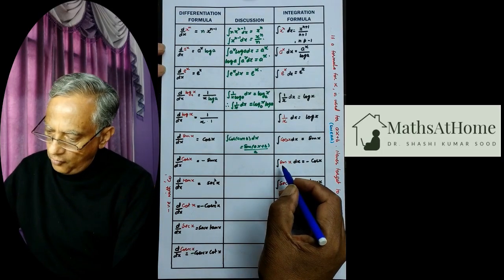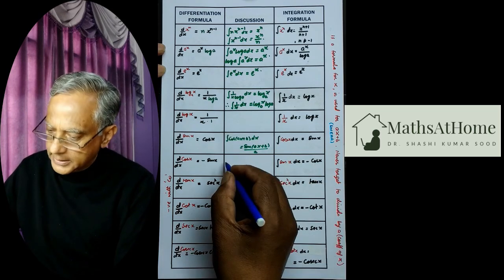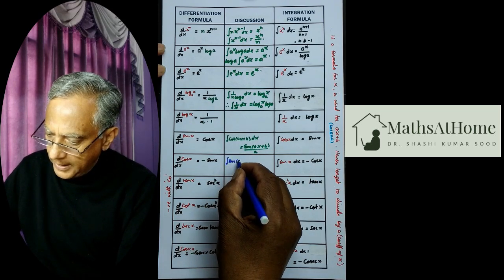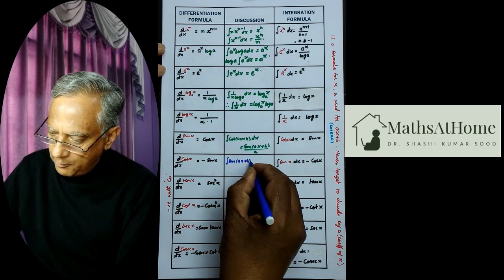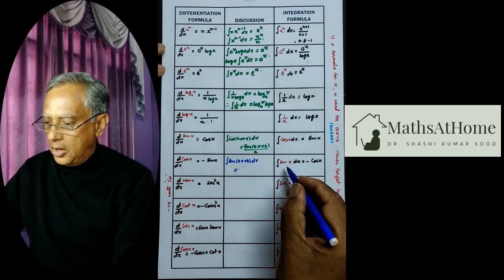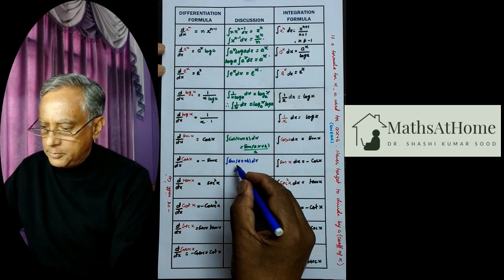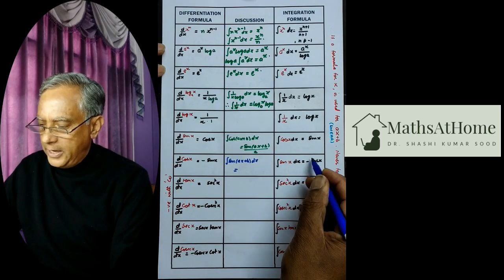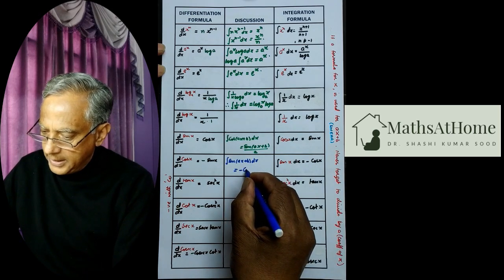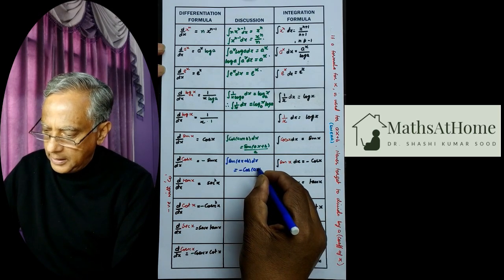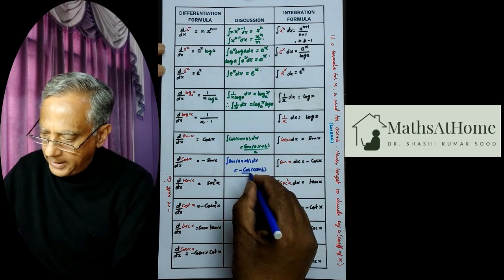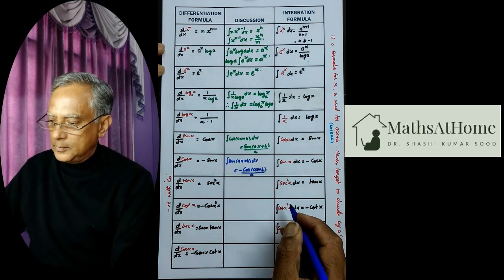And integral of sin x is minus cos x. Therefore, integral of sin(ax + b) dx will be equal to, now the formula for x is being used for a linear function, so we have to divide the result by a. This will be minus cos(ax + b) whole divided by a.